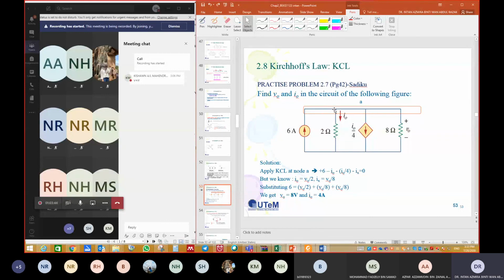So 6 is equal to the current leaving the node: I naught plus I naught over 4 plus this current. Let's say this I is Ix.